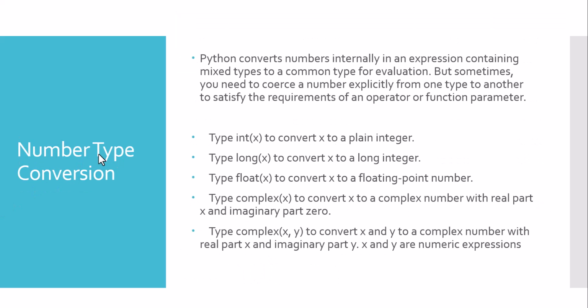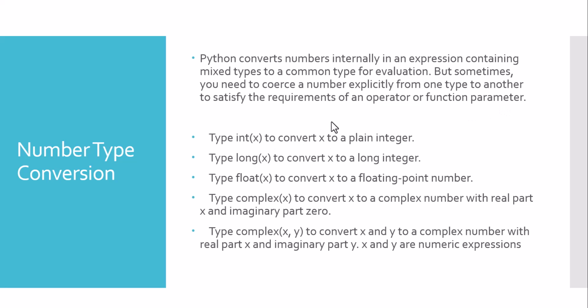Then number type conversion. Python converts numbers internally in an expression containing mixed types to a common type for the evaluation, but sometimes you need to create a number explicitly from one type to another type to satisfy the requirements of the operator or the function parameter.